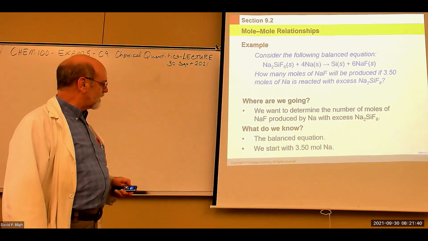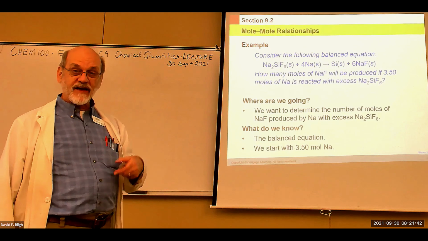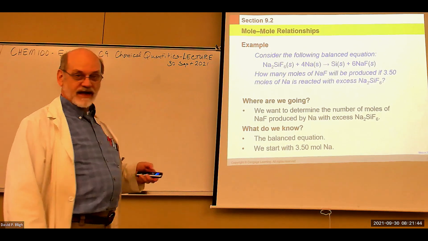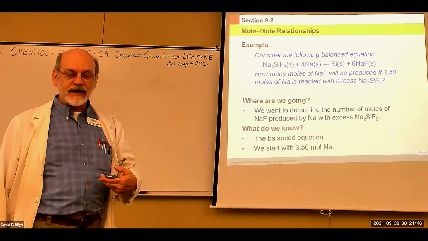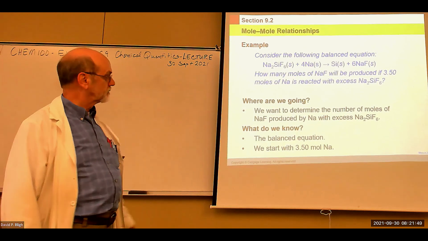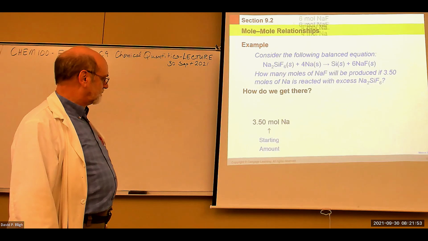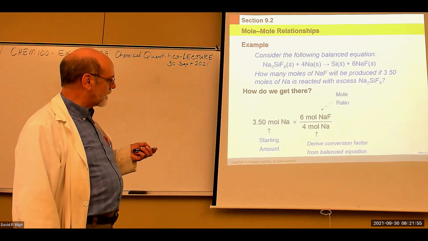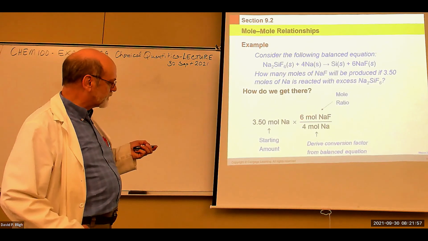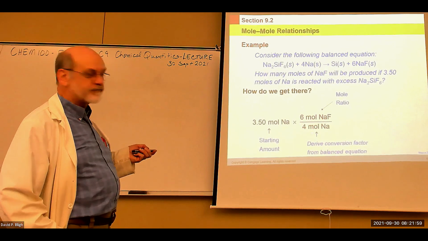So now that we've got the balanced equation, we start from 3.5 moles of sodium and create a conversion factor from the balanced equation. There's our conversion factor. The mole ratio is 6 sodium fluorides for every 4 sodiums.